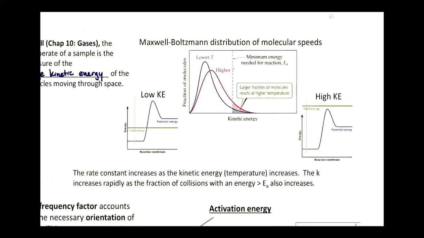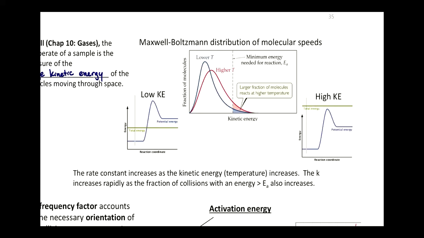Why this matters is that when we change the temperature, we're increasing where that average lies. What we change is the energy associated with the system, and that energy is related to the energy curve of the reaction. Low kinetic energy, low temperature, doesn't have enough energy to overcome what we'll talk about soon, an activation energy.